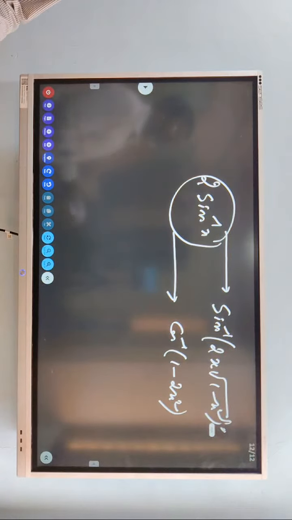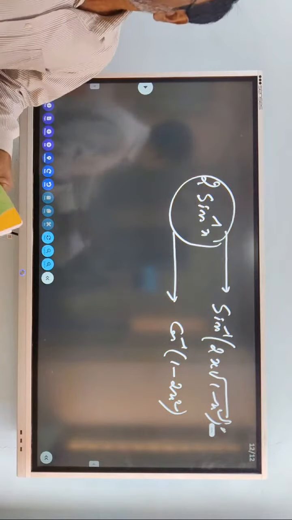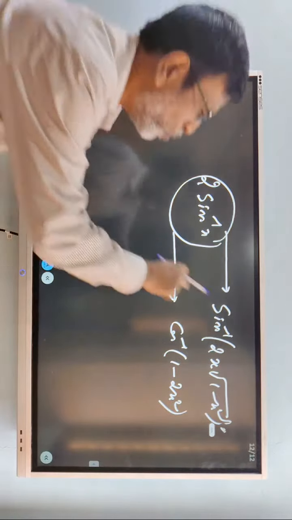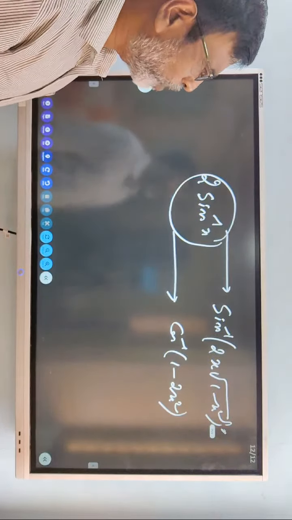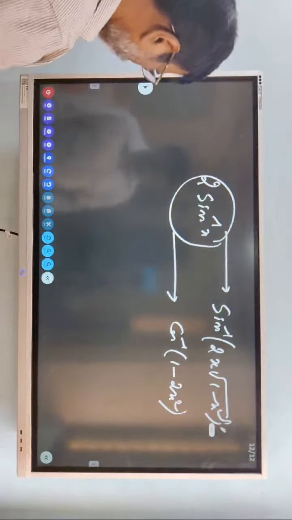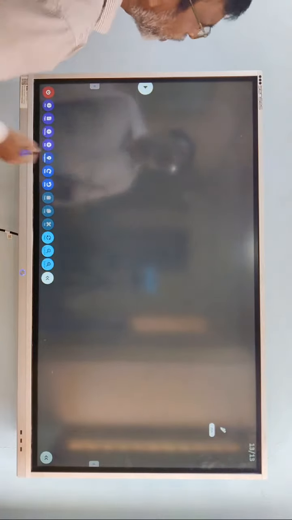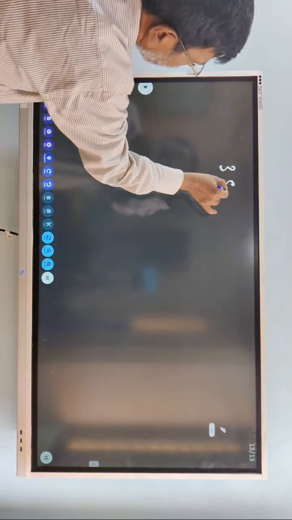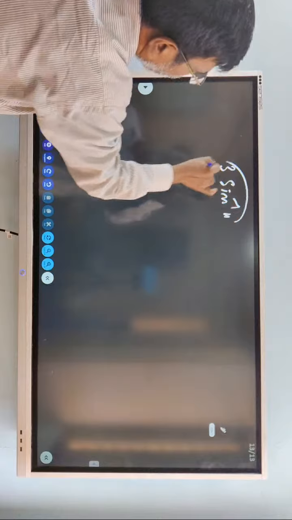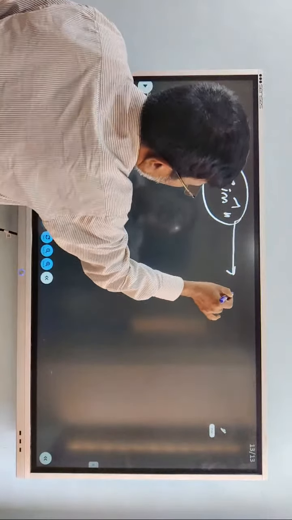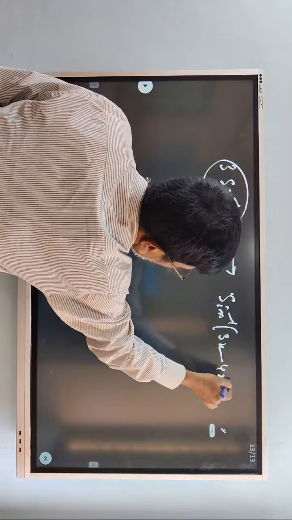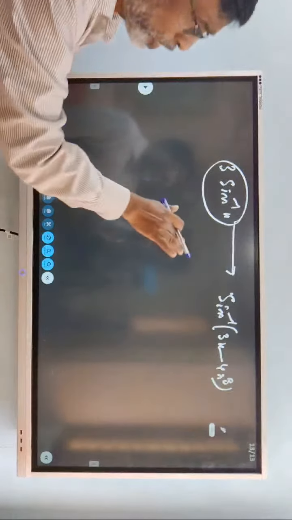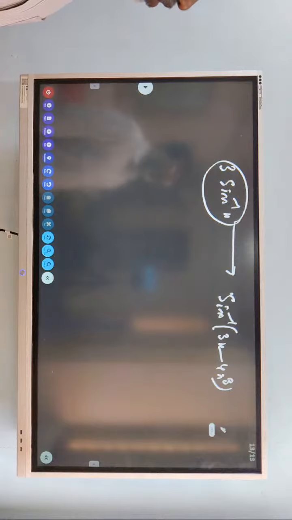So 2 sine inverse x can be converted into two formulas: sine inverse of 2x root of 1 minus x square, and cos inverse of 1 minus 2x square. This is the advantage. For 3 sine inverse x, there is only one formula, that is sine inverse of 3x minus 4x cube. Generally this is the most advantageous formula.